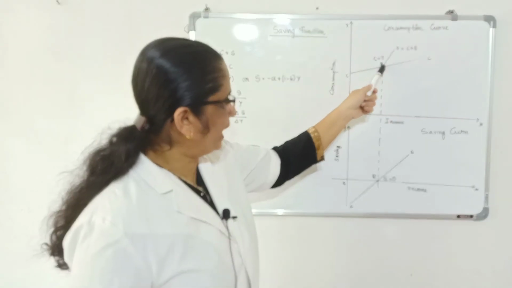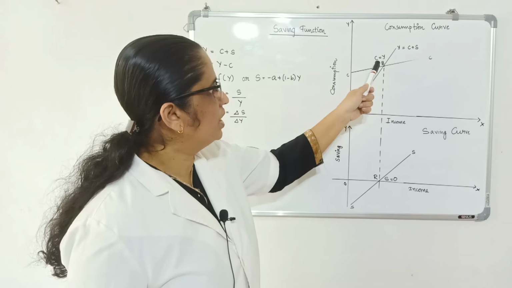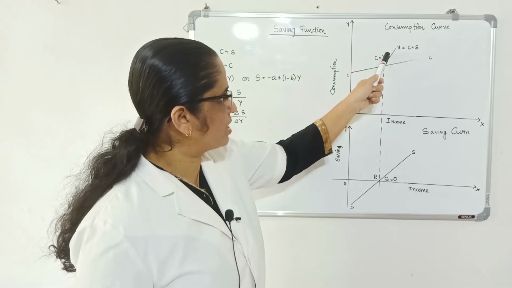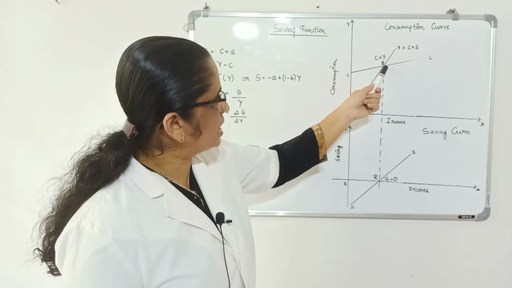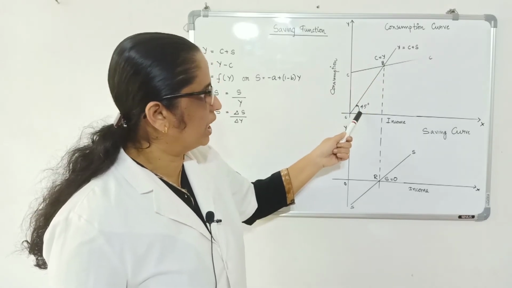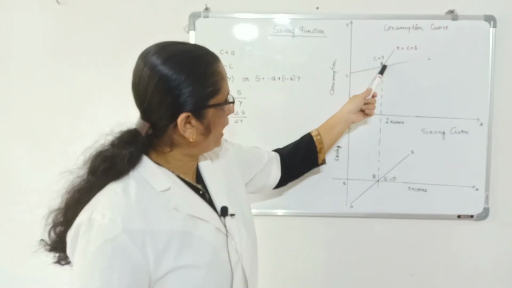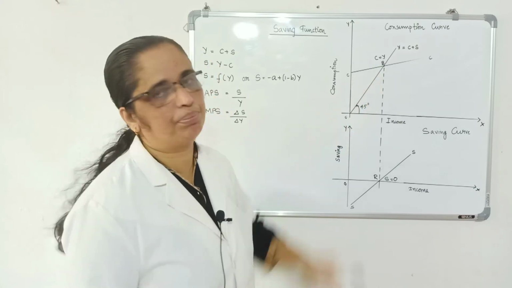At that point B, consumption is exactly equal to income. The CC curve cuts the income curve, that is the 45-degree line. At point B, consumption is exactly equal to income.